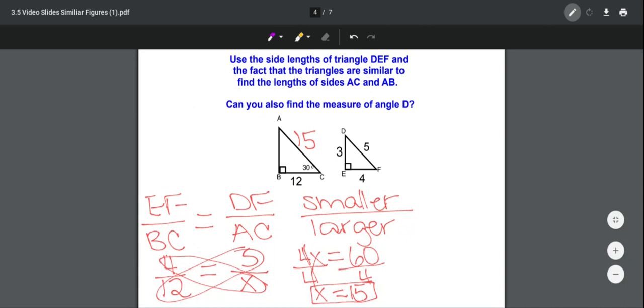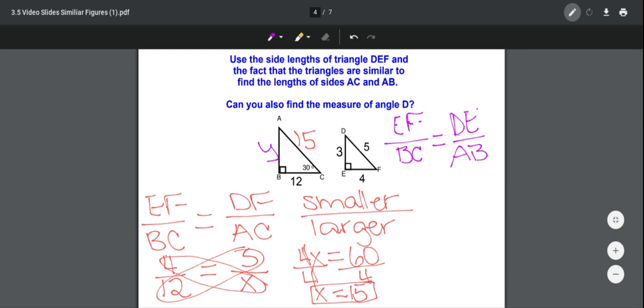So again, we have EF over BC is equal to, well, if we want to find AB, it corresponds this time to DE. So DE over AB.